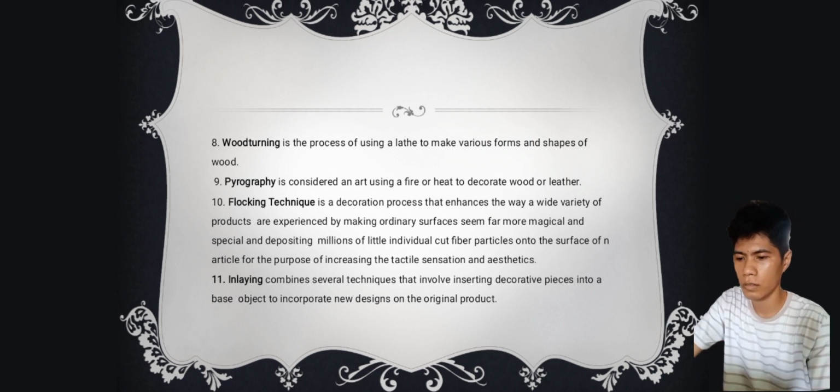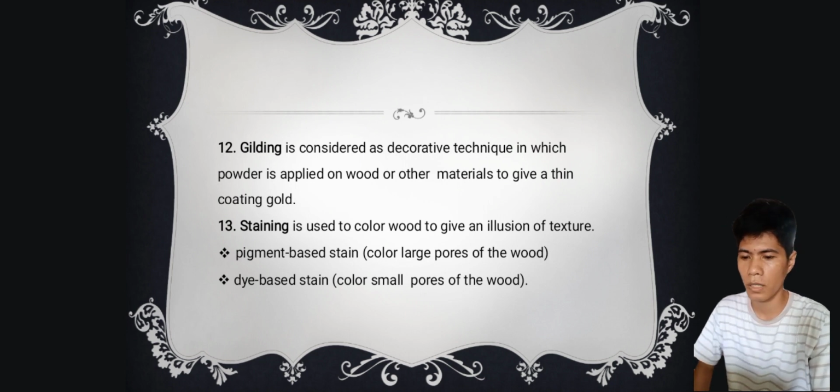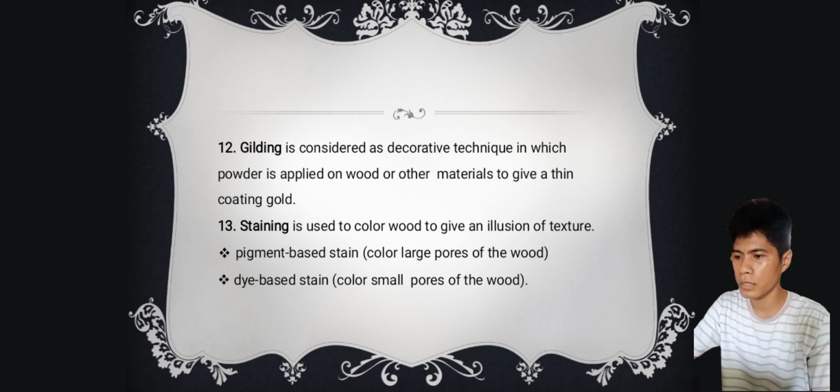So the next technique is gilding. It's considered a decorative technique in which powder is applied on wood or other materials to give a thin coating of gold. So there are examples, guys, of applying gold on wood, metal, glass, or ceramics. By extension, it also means the application of copper or another metal that imitates gold.